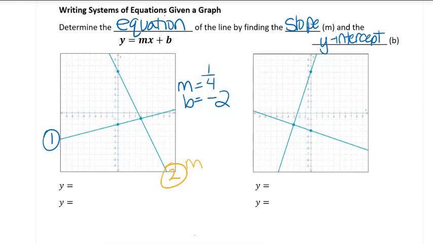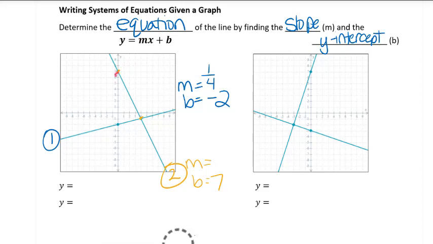Then for line 2, I'm going to do the same thing, find the slope and find the y-intercept. My y-intercept for this line right here is 7. So my b value is 7. And then I need to find the slope between this point and this one. I want to start with the point furthest to the left, which is up here.